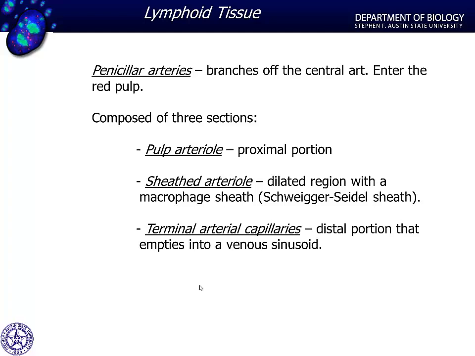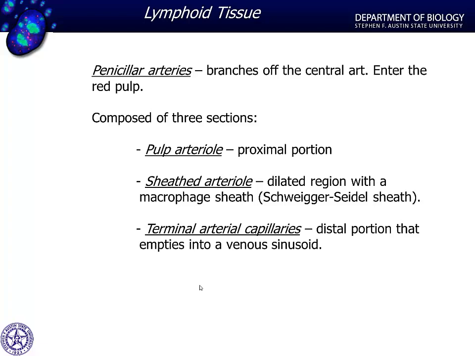Then as we leave that and as we're getting higher into the red pulp area, we're going to be encountering somewhat of an enlarged region of this arteriole that's called a sheathed arteriole. And it's sheathed because it appears to be dilated because it's covered with macrophages. So we refer to this as a sheathed arteriole, a macrophage sheath, or a Schweiger-Seidel sheath, as it's called because of the people that identified this.